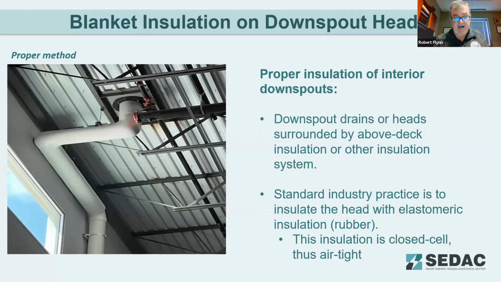The insulator dug out for that hanger. Downspouts and heads are surrounded by the insulation, completely insulated. Standard industrial practice is to insulate the head with the elastomeric insulation, the rubber insulation. The insulation is a closed cell system, thus airtight.